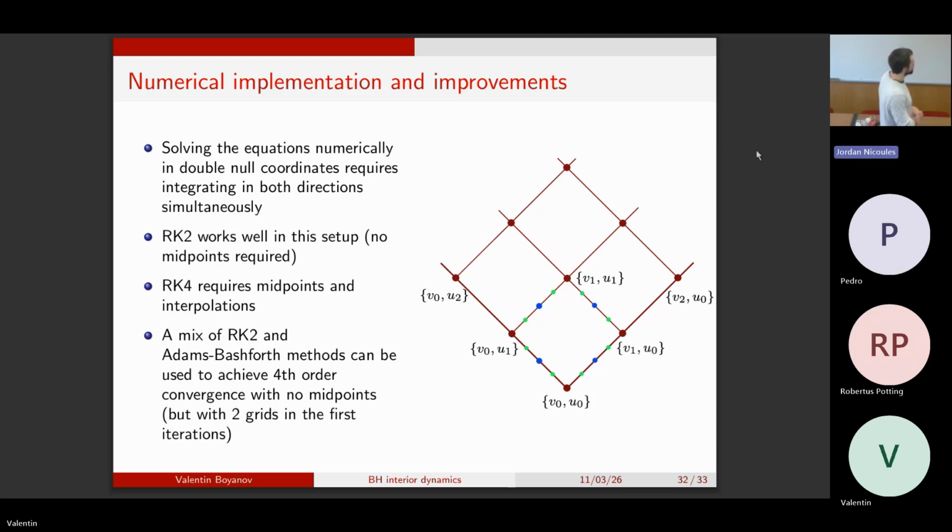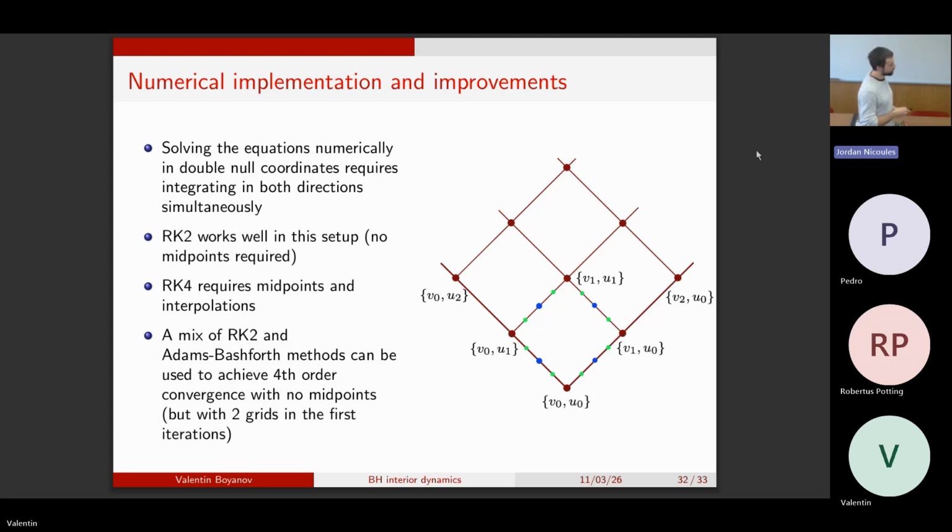And for the numerical implementation, I'll just mention that evolving in double null coordinates is a bit more tricky, and there have not been as many developments as for typical spacetime evolution codes, because you basically need to evolve in both directions simultaneously. Some functions evolve in one of the null directions, others in the other. And for our first results, we just used the second order method, RK2.